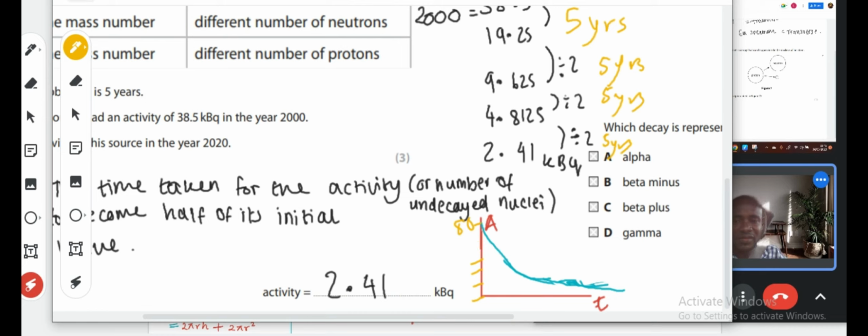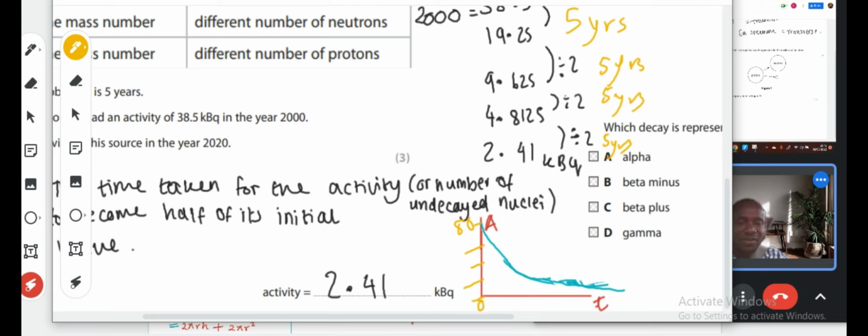I have to graduate it better. So this could be 20, 40, 60, 80. So by the way, the activity is 80 at time 0.